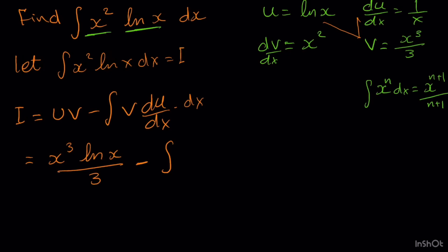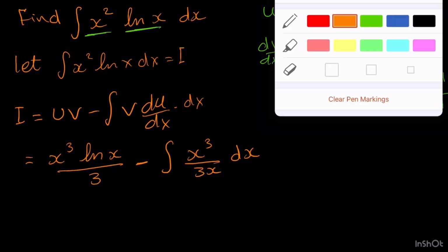So it is basically like x cubed divided by 3x. So x cubed over 3x dx. Yes. Do you want me to write it in details? Maybe just a minute.